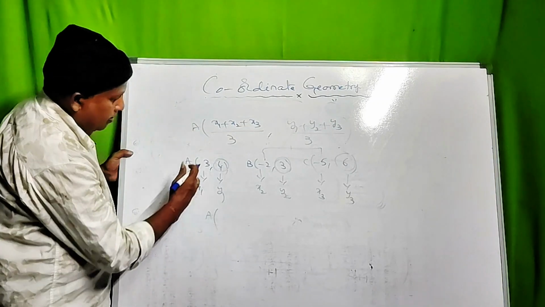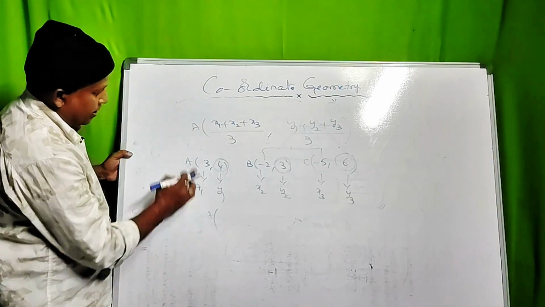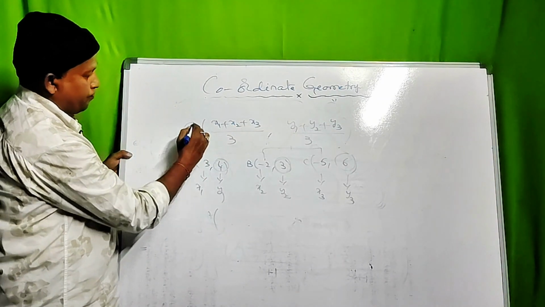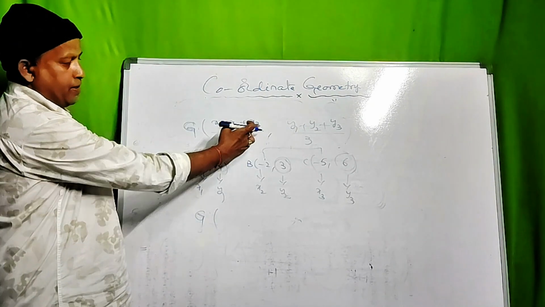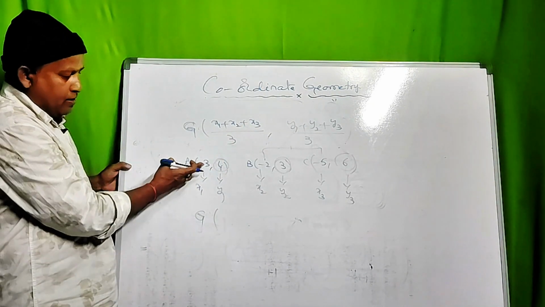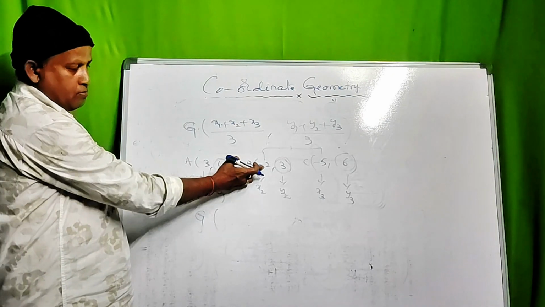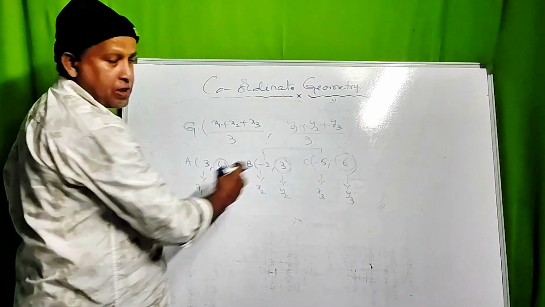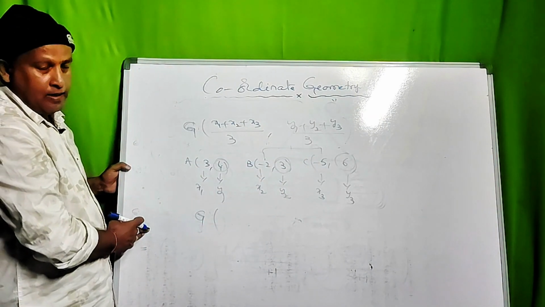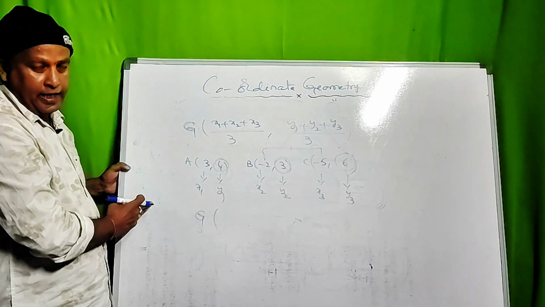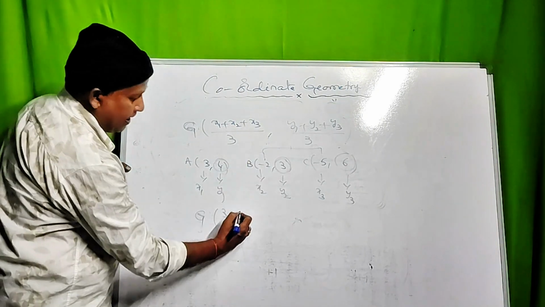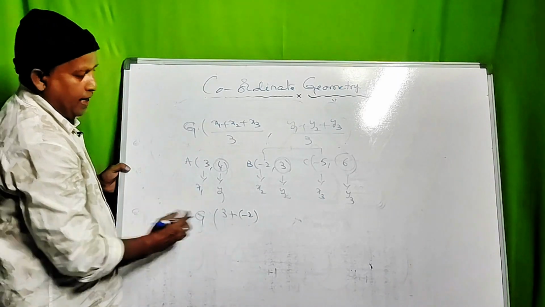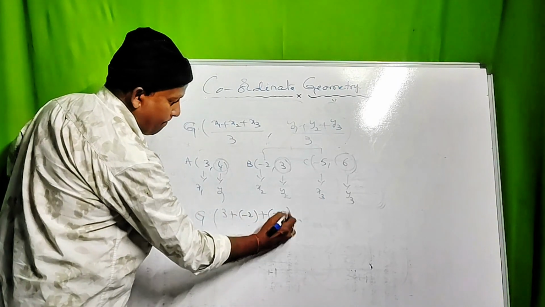Centroid is nothing but what? x1 plus x2 plus x3, no? What is x1 here? 3. What is x2? Minus 2. And x3 is minus 5. Isn't it? Don't get confused. Be clear on this one. 3 plus x2 means minus 2 and minus 5, by 3.